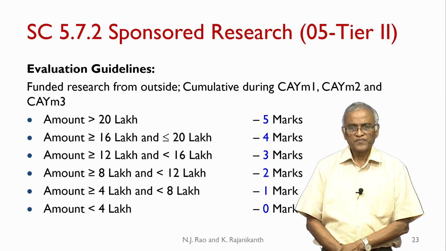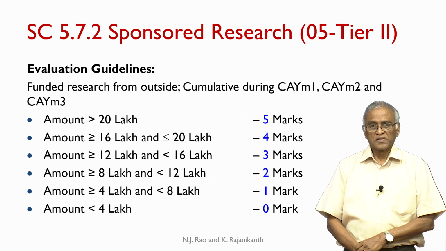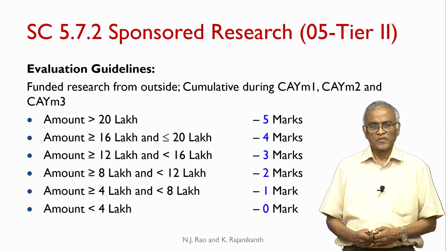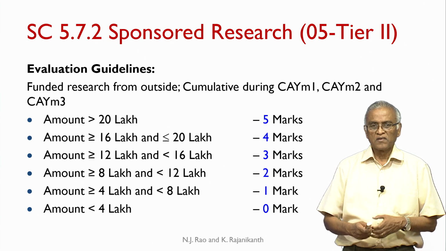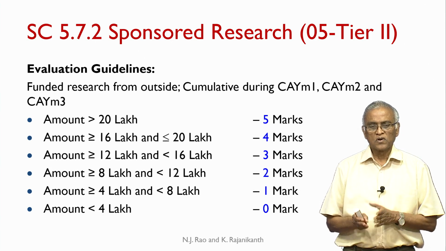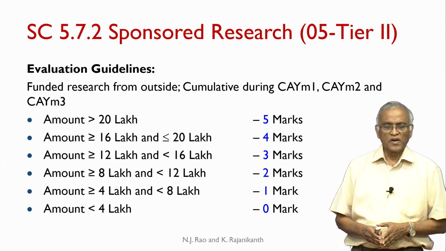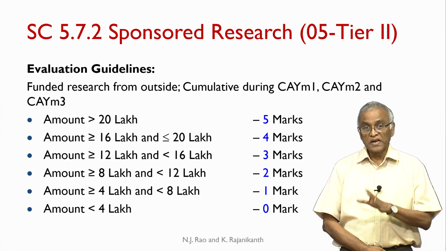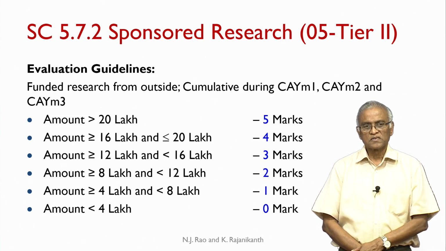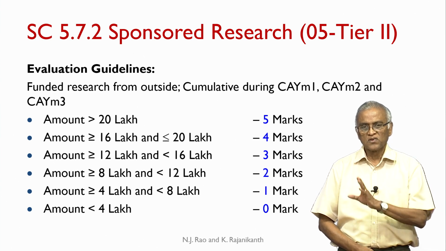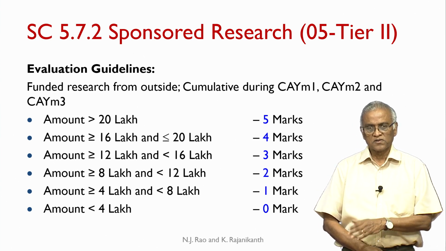Sponsored research, that is, you are seeking funding from outside sources. It could be any of the government agencies or any other private agencies who are willing to support you financially for some research. Over 3 years, cumulative, if the amount crosses 20 lakhs, then you get 5 marks in tier 2.